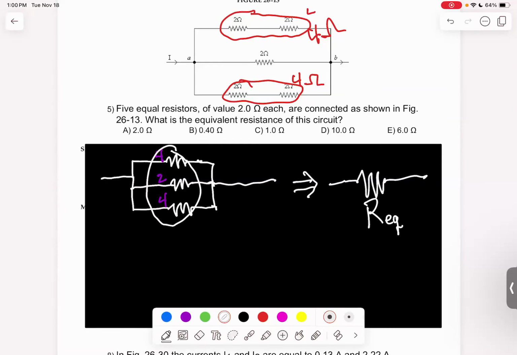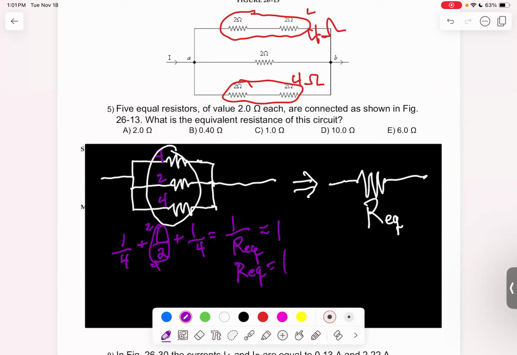All right, same formula that we had a minute ago. So 1/4 plus 1/2 plus 1/4 is equal to 1 over the equivalent resistor. The common denominator here is 4, so that becomes 2/4. So we have 2/4, 4/4. So this is just equal to 1, which is great because when we flip it, we still get 1.